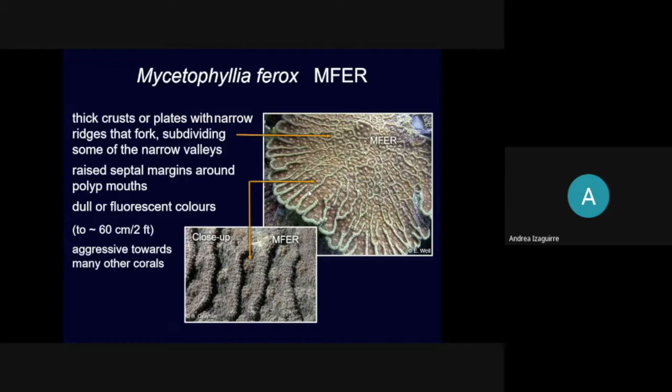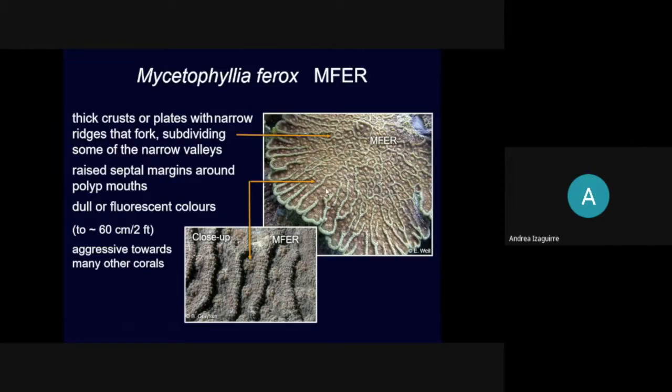So they grow from the outside inwards. Another thing is that you're going to have a very distinct septal margin around the polyp mouth. So wherever those polyp mouths are, they're going to have little bumps all around it. So not just on the walls, but actually on the polyp mouth itself.